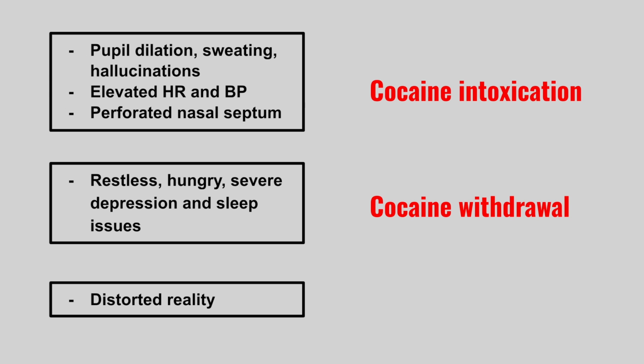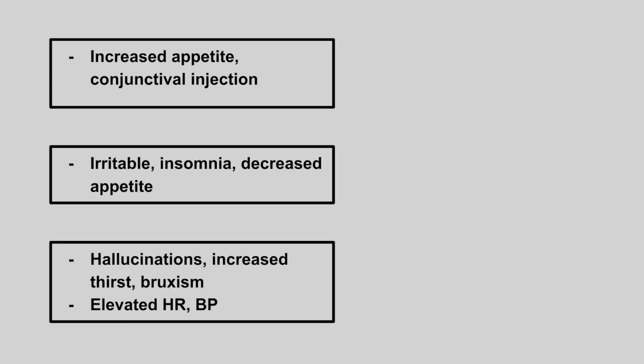Next, we have a patient who's complaining of a distorted reality. This is LSD use. Next, we have a patient with increased appetite and conjunctival injection. This is cannabis intoxication, and the red eyes are really unique to this one.